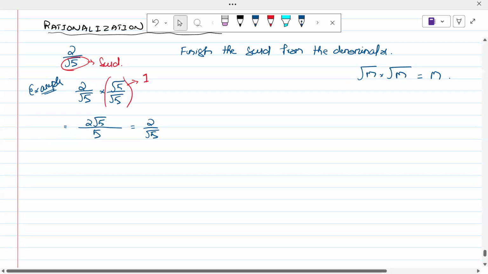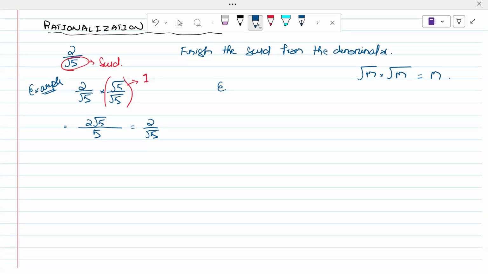Sometimes it happens that we have more than 2 terms in the denominator. For example, we now have the expression 2 upon 1 minus under root 5.